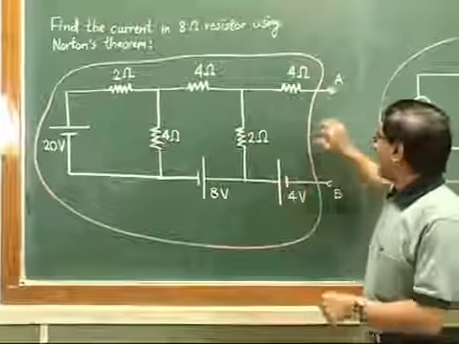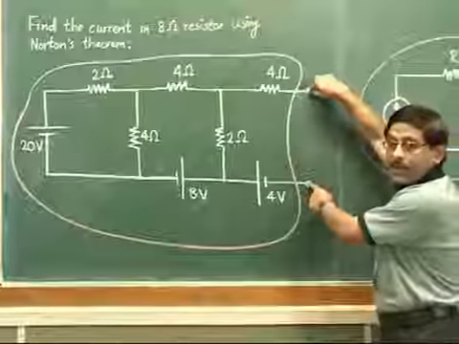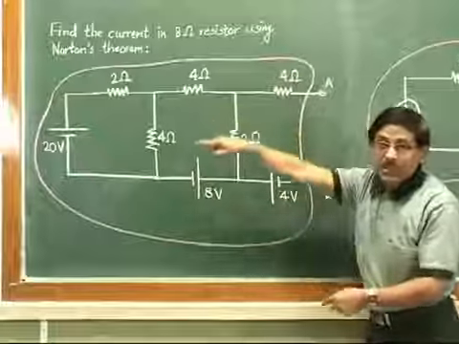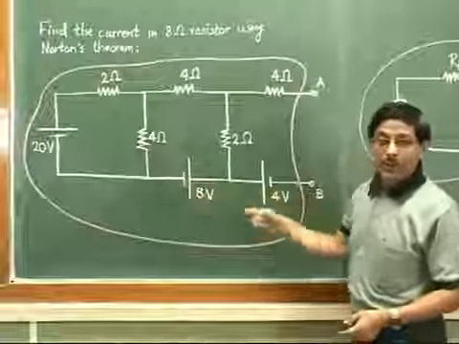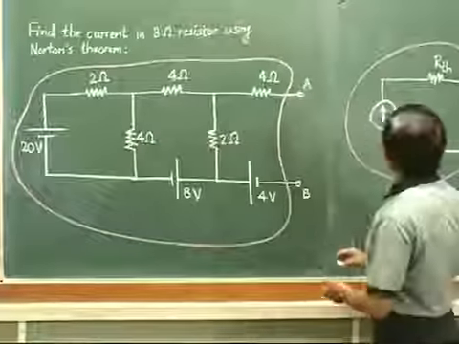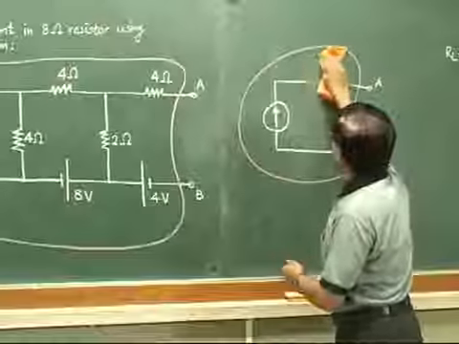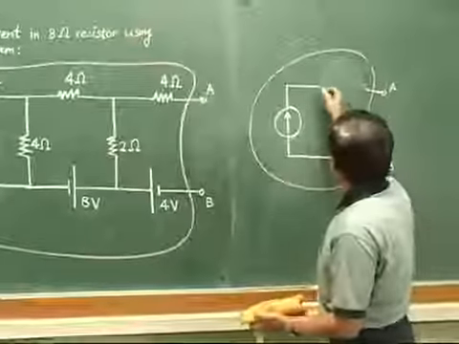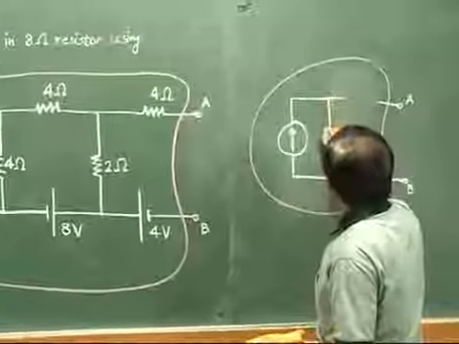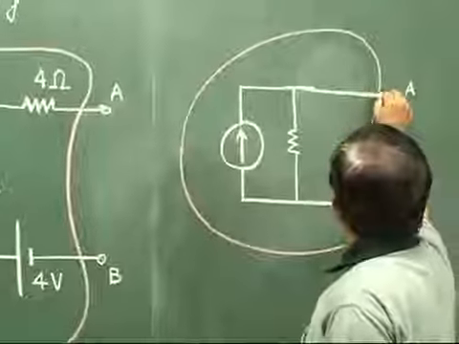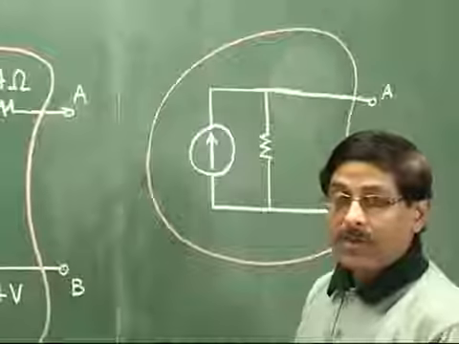Here we find some single value of equivalent resistance given by the entire passive network enclosed in this red line. And then we connect this resistance not in series, but here in parallel with the current source. So the things will be represented like this. This is the central idea of Norton's theorem.